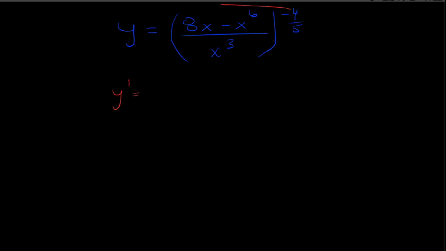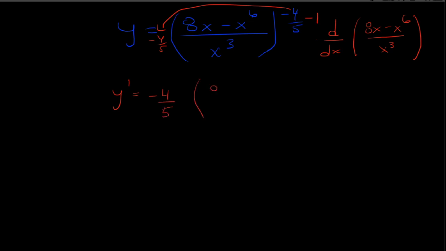I'm going to bring down the exponent of negative 4/5, subtract 1 in the exponent, and then multiply by the derivative of the inside. So that's going to be negative 4/5 times the quantity 8x minus x to the sixth over x cubed. Negative 4/5 minus 1 is negative 9/5.